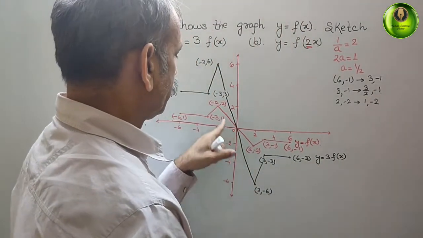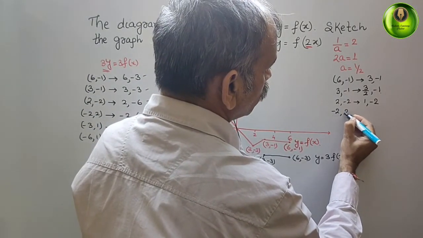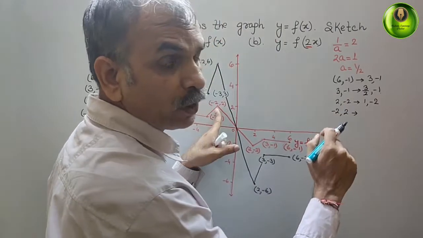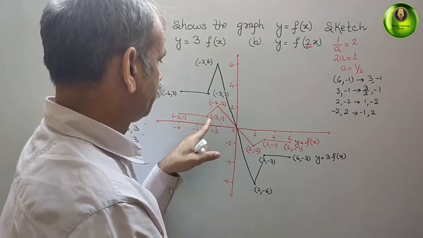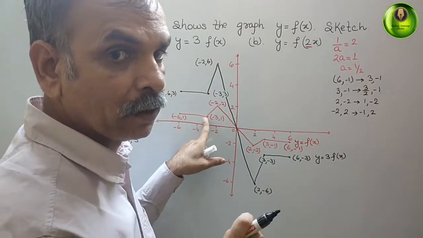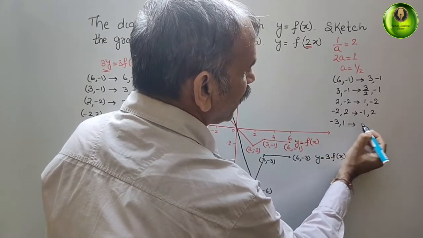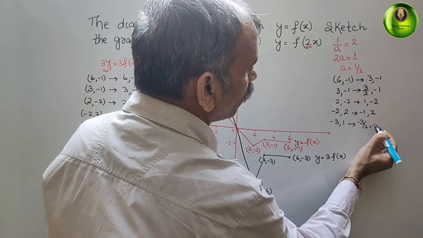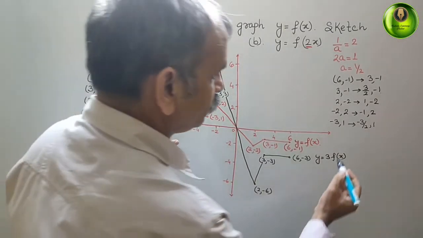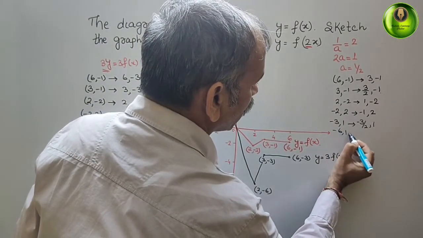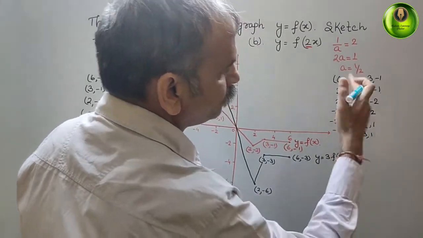Next, minus 2 comma 2, minus 2 by 2 is minus 1, so minus 1 comma 2. Next, minus 3 comma 1 will be minus 3 by 2 comma 1. Next, minus 6 comma 1, minus 6 by 2 is minus 3 comma 1.